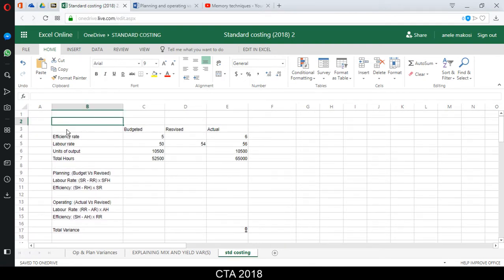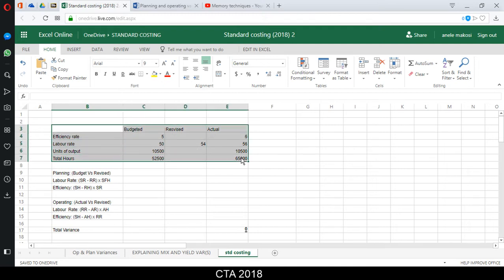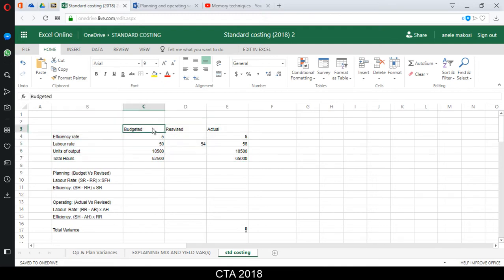If you look at this table now, I have my budget here, I have my revised, I have my actual. So I have the efficiency. The standard efficiency is 5 hours per unit. So the revised, we know that the standard efficiency was not revised, so it remains 5.